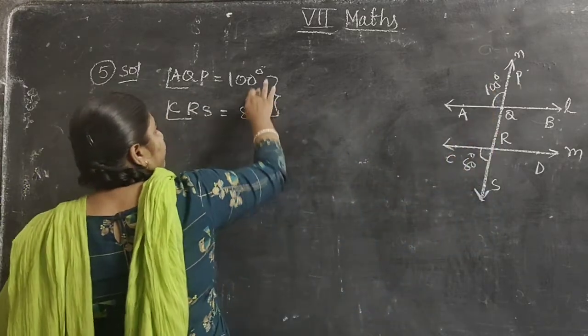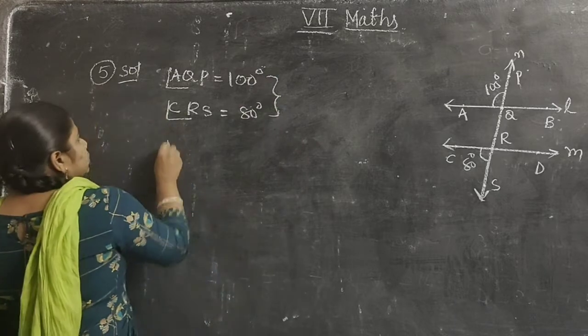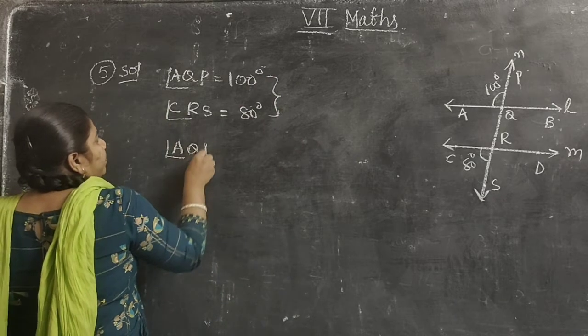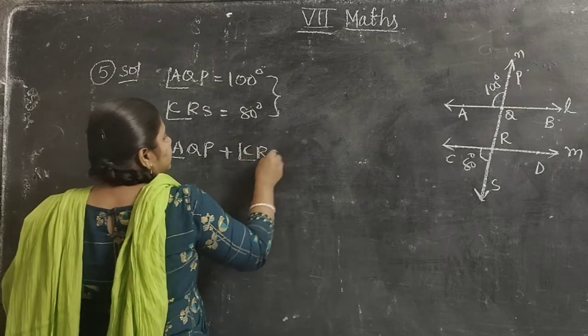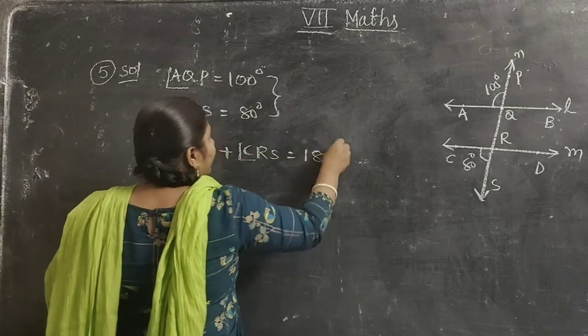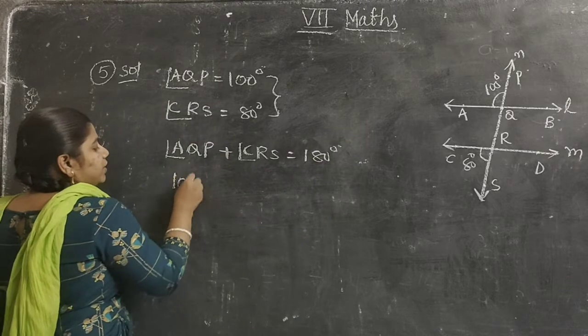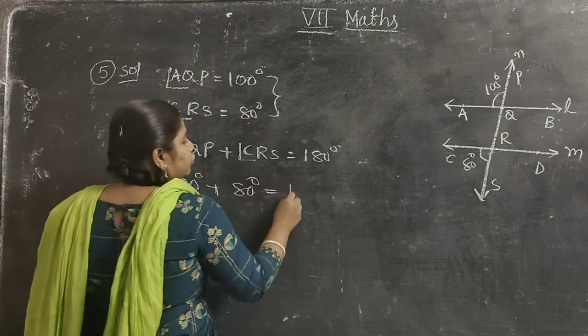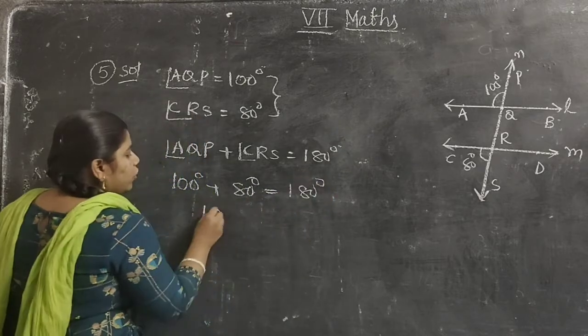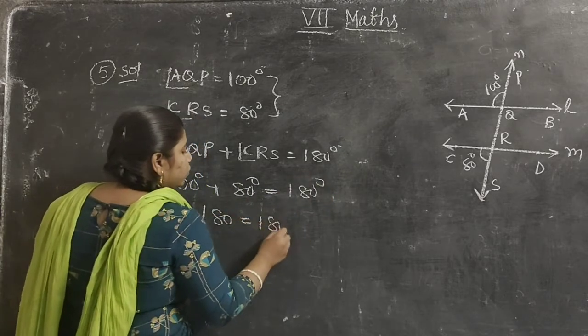That means the sum should be equal to 180. So angle AQP plus angle CRS should be equal to how much? 180. So here this is 100 degrees plus this is 80 degrees. That should be equal to 180. So you got 180 degrees is equal to 180 degrees.